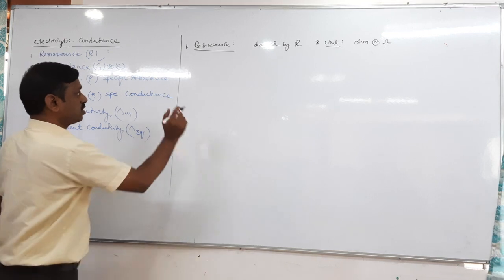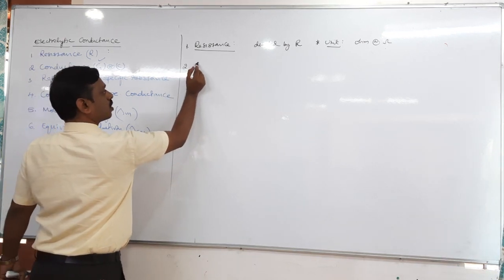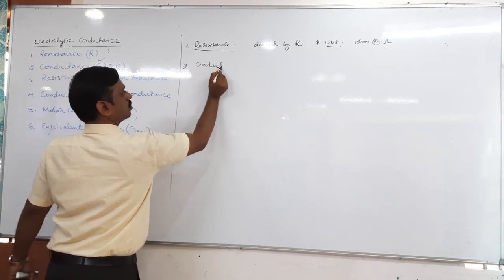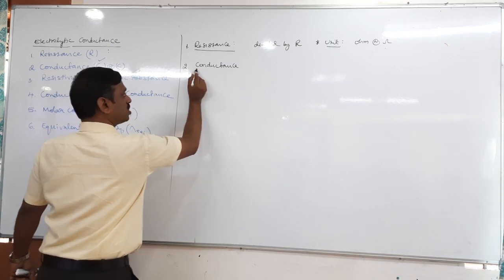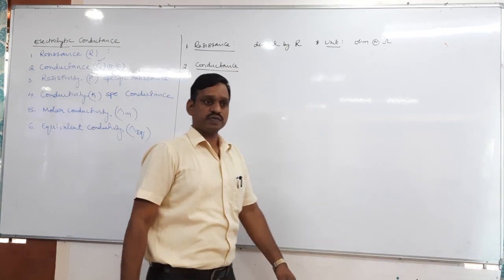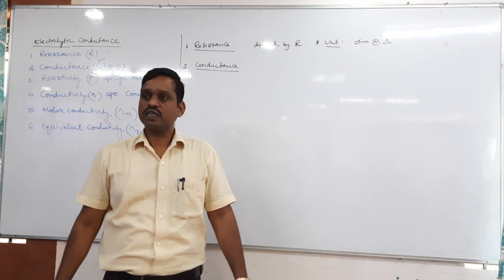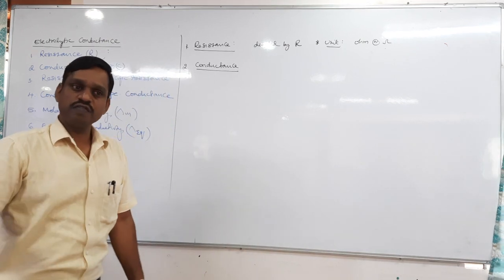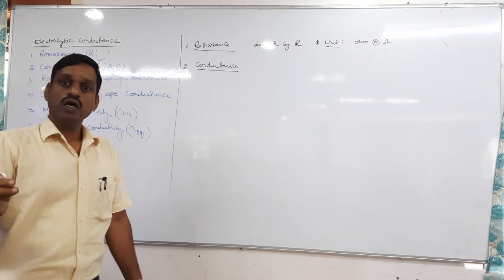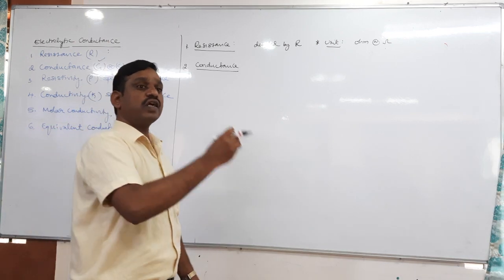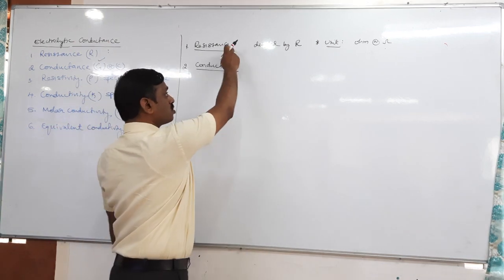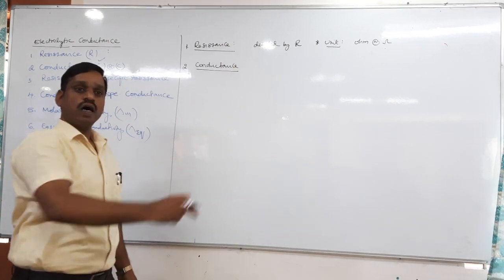Next is conductance. Conductance is quite opposite to resistance. What is conductance? It is the property of the substance which allows the flow of electric current. Resistance opposes the flow of electric current; here it allows the flow.